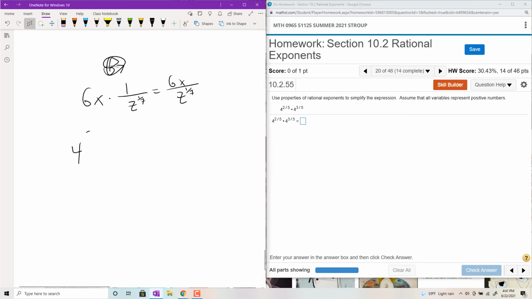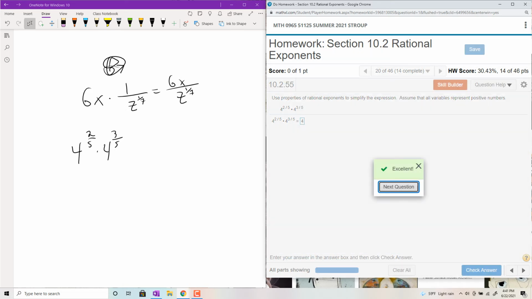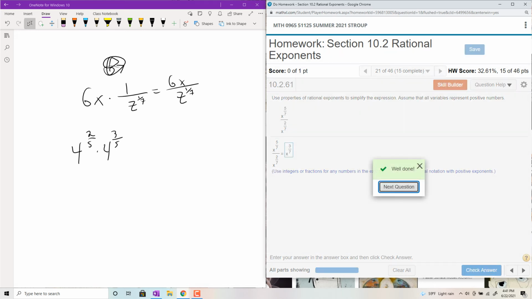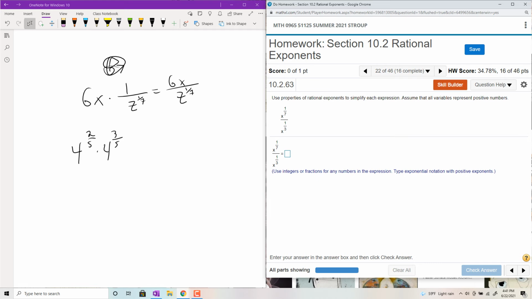Properties of exponents. So we're just adding exponents here. So 4 to the 5/5 is just 4. Subtracting exponents, so you get x to the 3/7. X to the 1/7 over x to the 1/3.